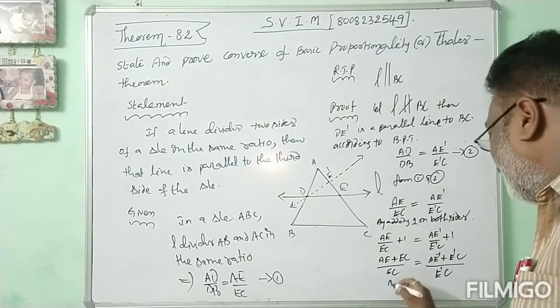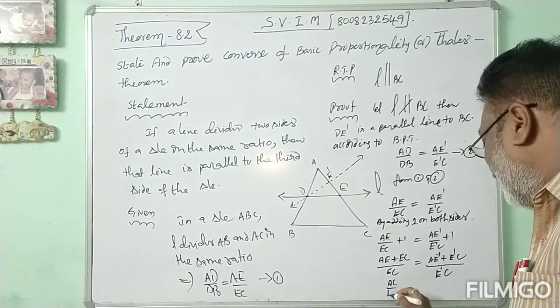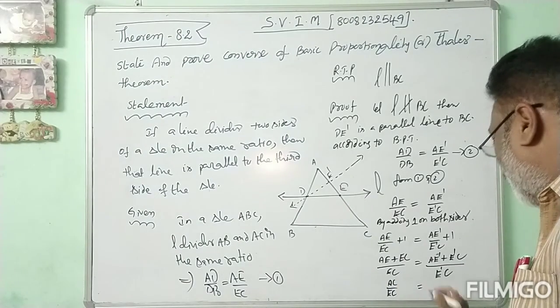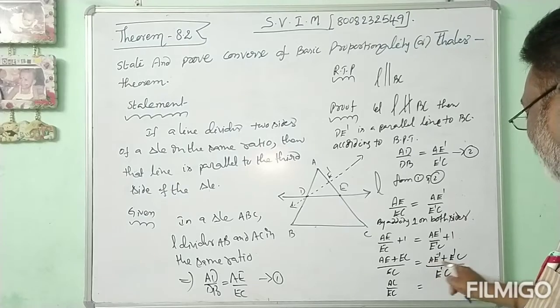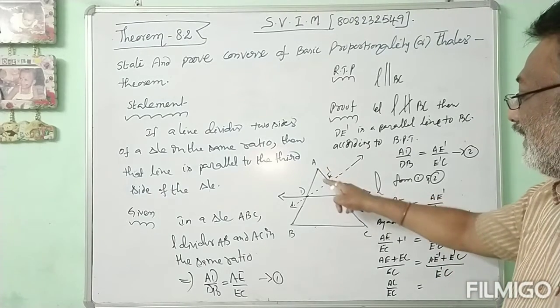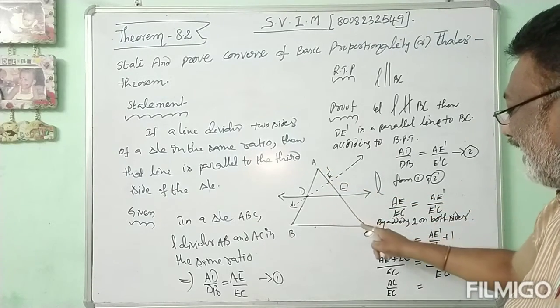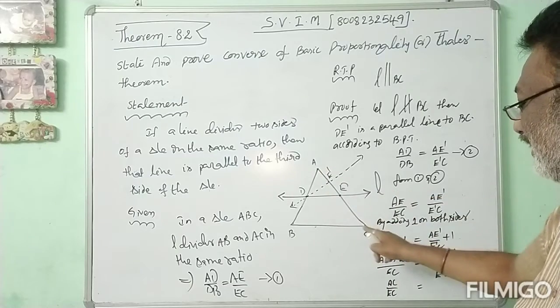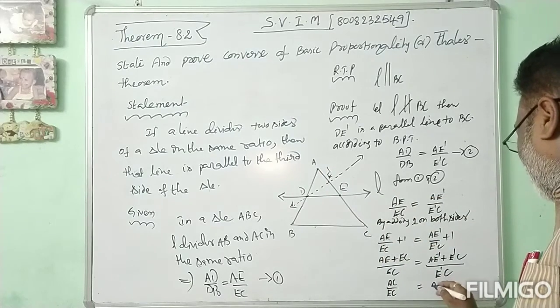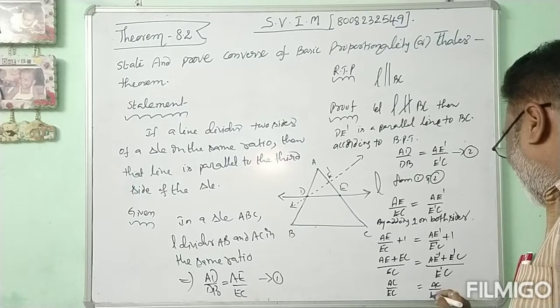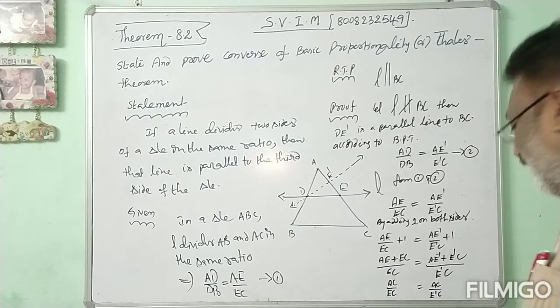AC. AC by EC is equal to AE dash plus E dash C by E dash C, and AE dash plus E dash C is also nothing but AC. So AC by E dash C.